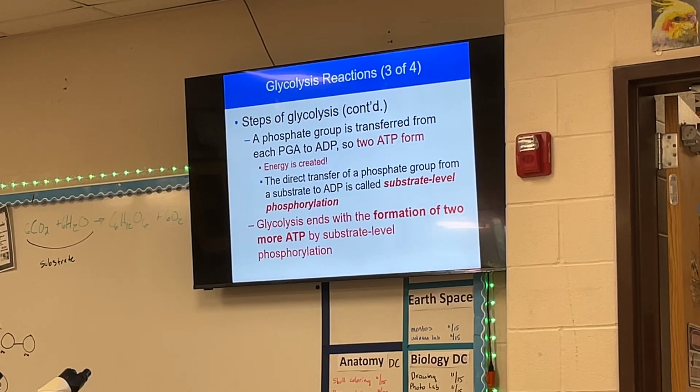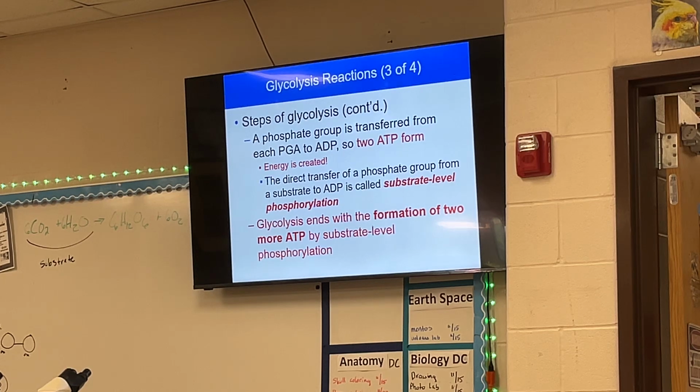Alright, anyways. So, steps of glycolysis, 2 ATPs form, energy is created, and we know 2 ATP were put into it. So you create 2, and then there's something called substrate level phosphorylation. This is the direct transfer of a phosphate group from ADP.